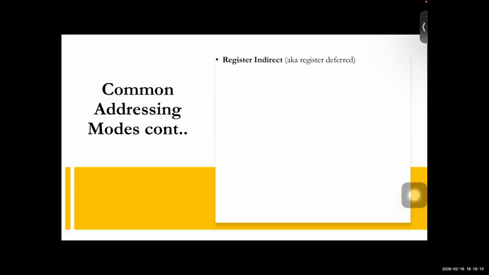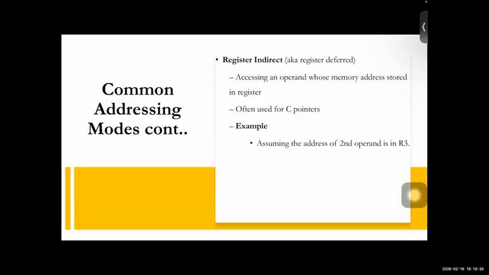It is often used for pointers in the C programming language. So assuming, for example, that the address of the second operand in an operation is in register R3.